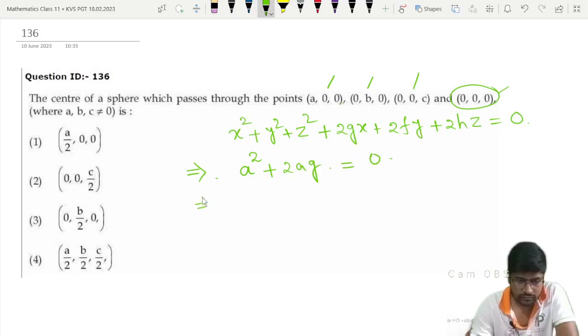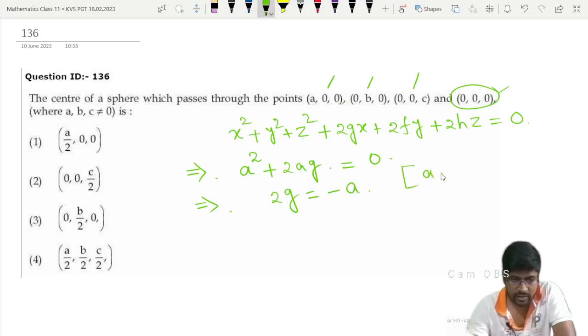So 2g will be equal to minus a, taking a is not equal to 0. That is given also: a, b, c are non-zero numbers.